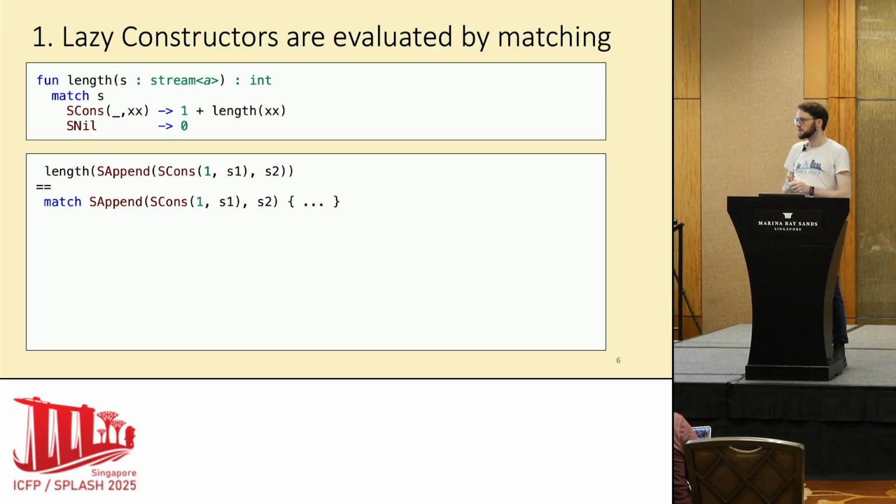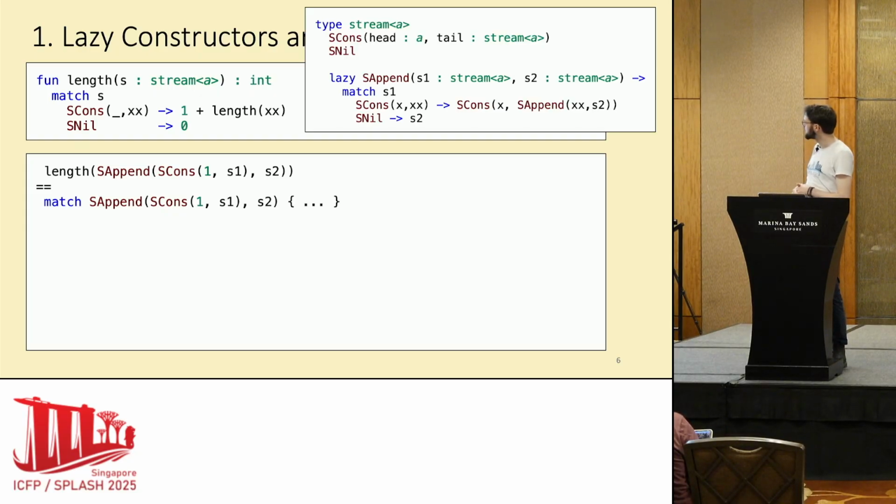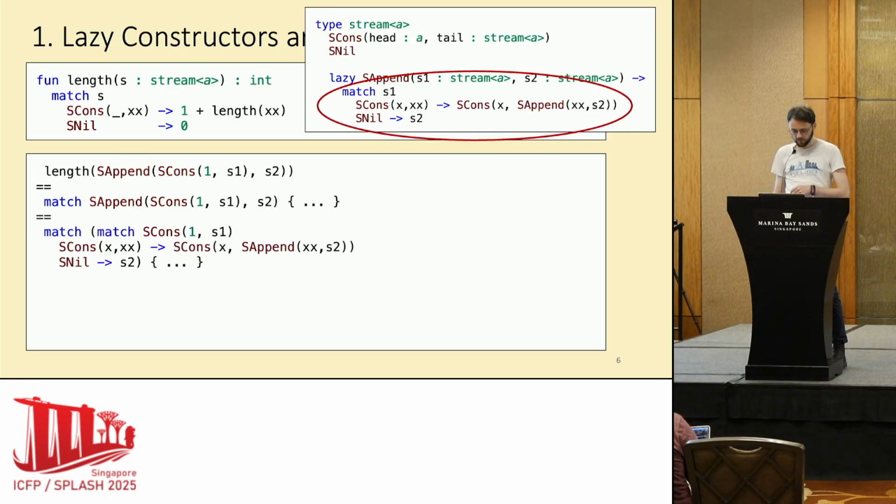So how does the compiler do this? The idea is that the compiler looks up the definition of the lazy constructor in the stream, and rewrites the lazy constructor to this definition. So we turn the sappend that we were matching on into the definition where we first destruct the first argument of sappend and then either return scons of sappend or just S2.